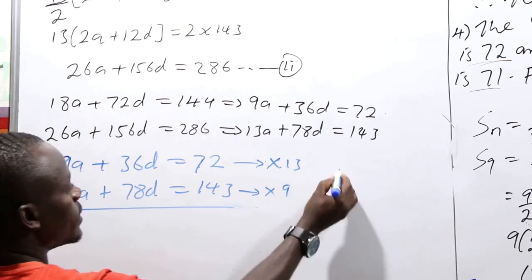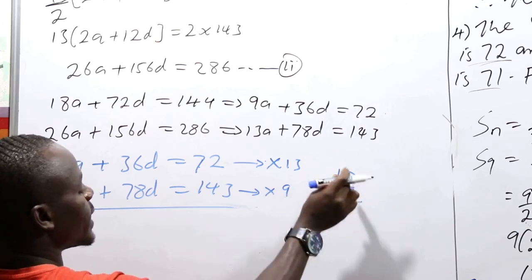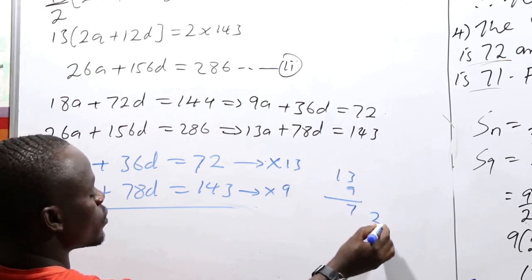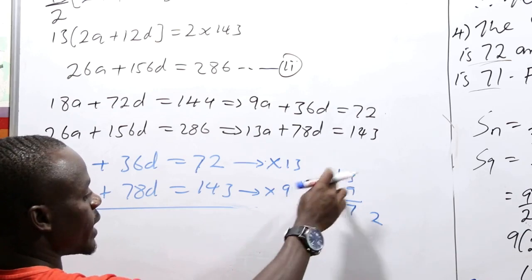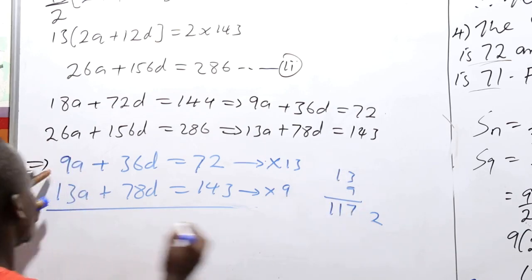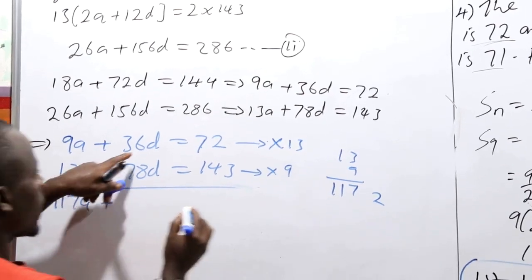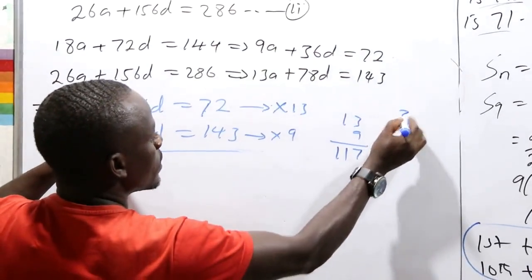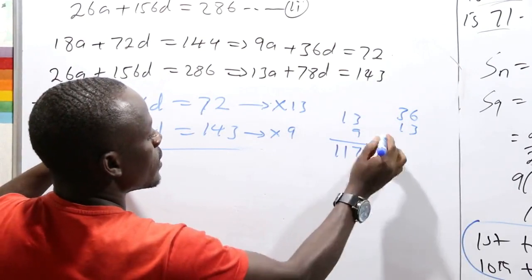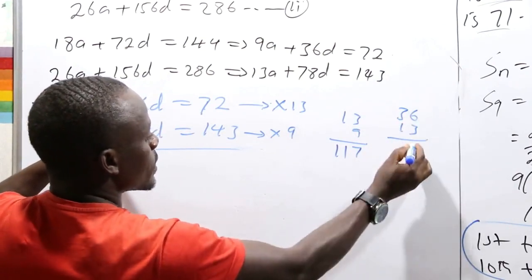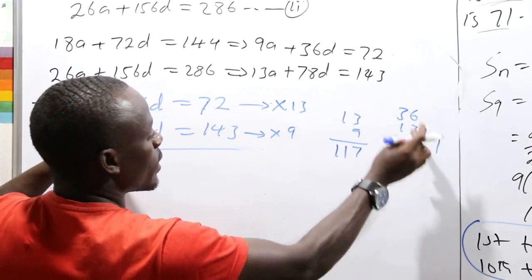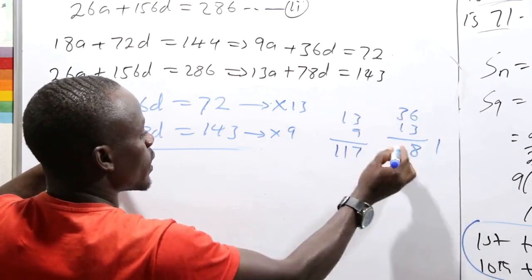So 13 times 9: 9 times 3 is 27, 7 carry 2. 9 times 1 is 9 plus 2, 11. So we have 117a plus 36 times 13. 36 times 13: 3 times 6 is 18, 8 carry 1. 3 times 3 is 9 plus 1, 10.